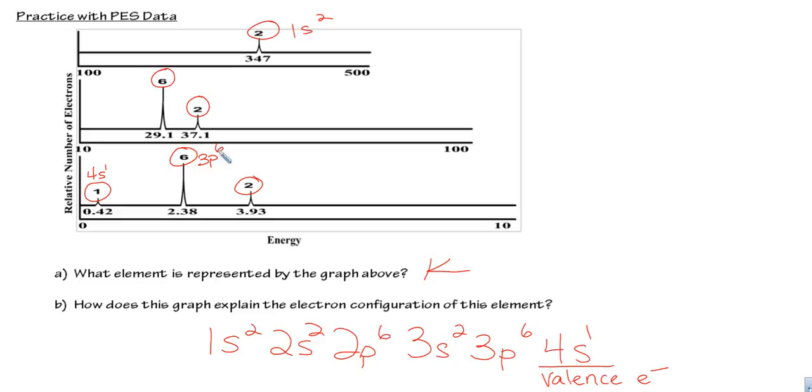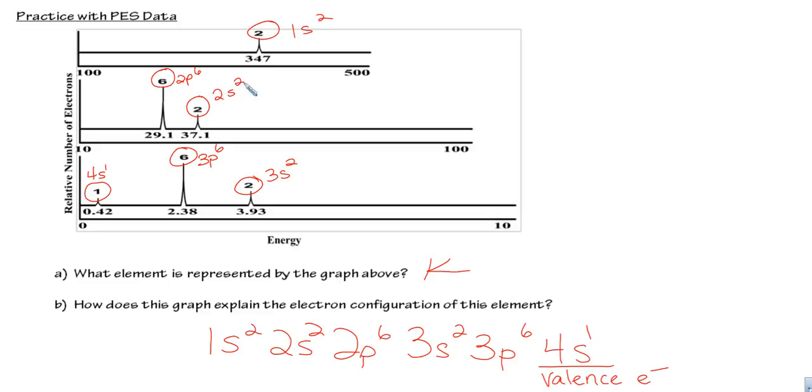So next I would remove the 3p6. This would be the 3s2. I keep increasing in ionization energy. Now let's say we go to the second energy level. So these electrons are pretty close to the nucleus. These would be the 2p6. This would be the 2s2.